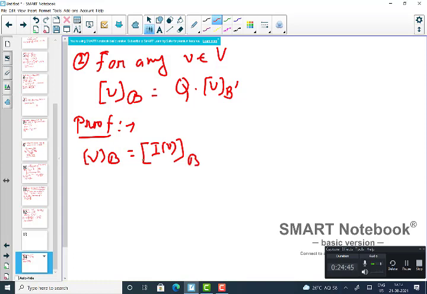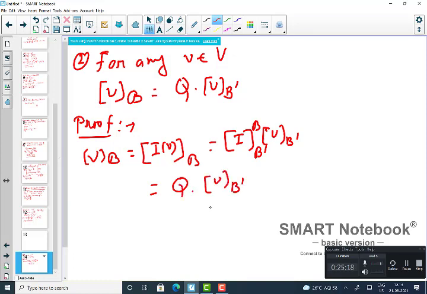We know that if you want to know the image of a linear map with respect to a basis, it is enough to take V with respect to B dash and then B dash to B of I. So you have the coordinate vectors and then you change them from B dash to B, so you have new coordinate vectors. And this is nothing but Q times V of B dash.